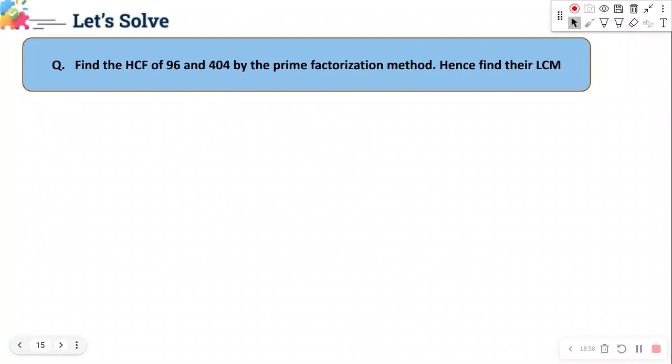Okay, now let's go to slightly bigger numbers. Now see: find the HCF of 96 and 404 by prime factorization and find their LCM.